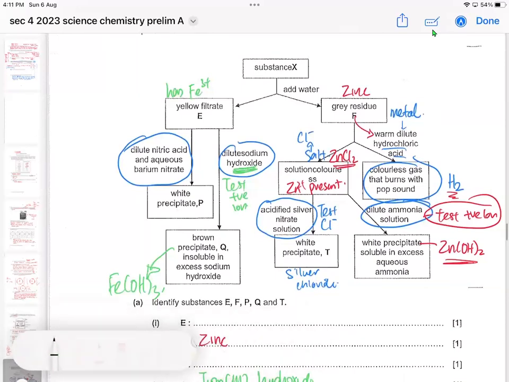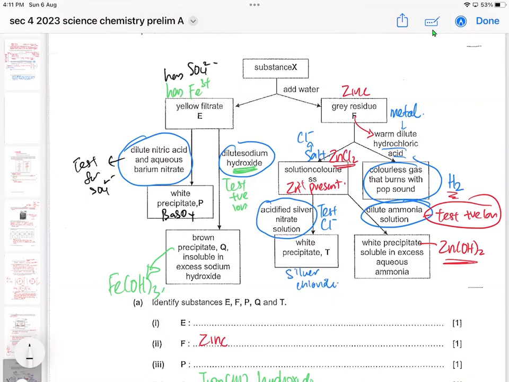Okay, and the last test here, we have the barium nitrate test. This is, again, the test for sulfate. If you get a white ppt, in this case your white ppt here is barium sulfate, which tells you that this substance has a sulfate, because you test the E here for sulfate and you test for the positive ion.